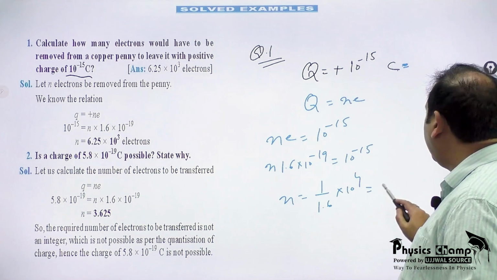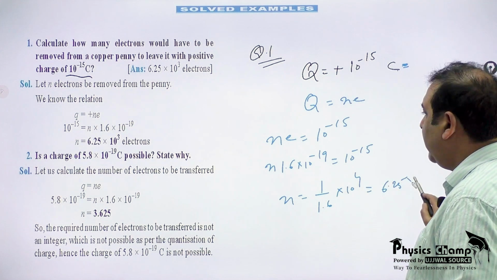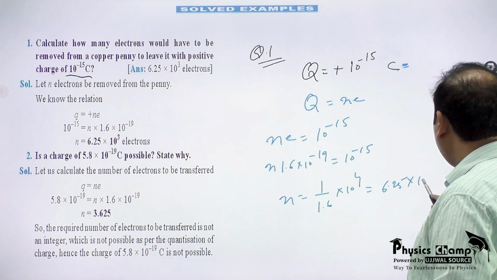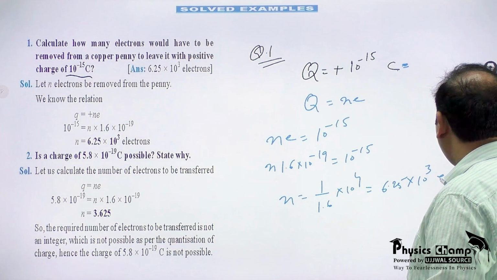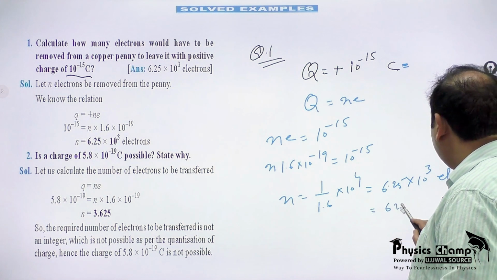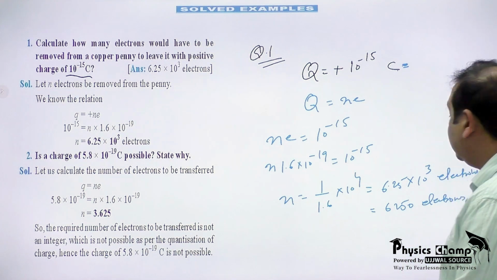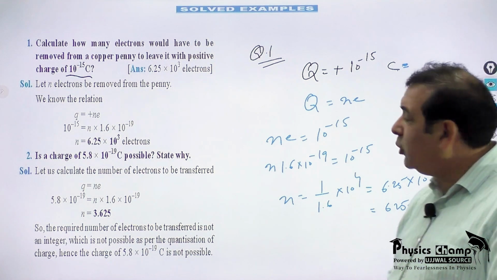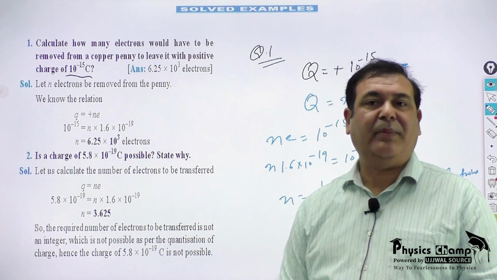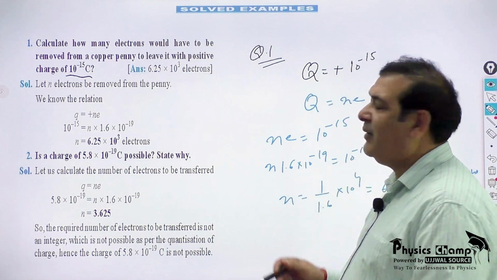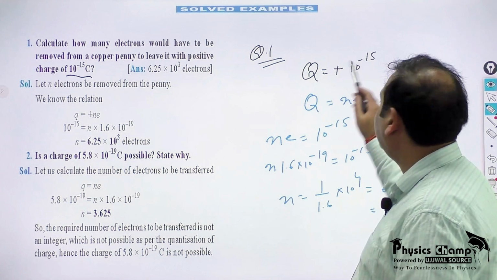We can calculate, it comes out to be 6.25 into 10 to the power 3 electrons, or 6250 electrons. So that many electrons should be removed from this copper penny to give it a charge of 10 to the power minus 15 coulomb.